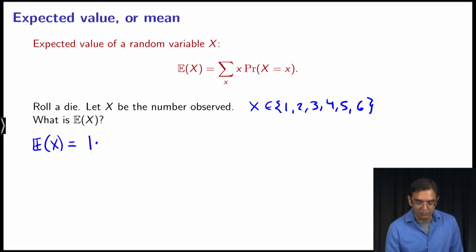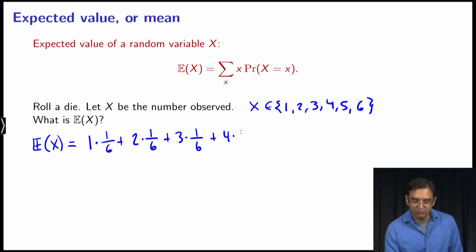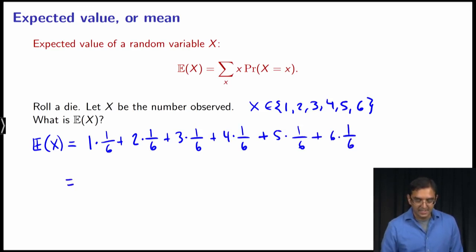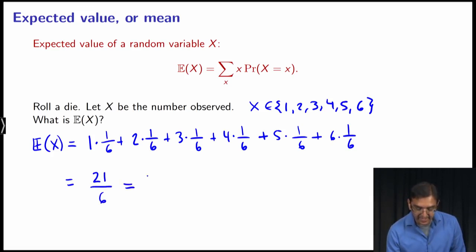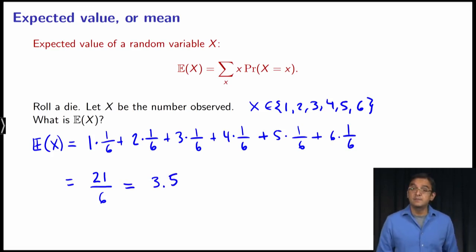So it takes on value 1 with probability 1/6, 2 with probability 1/6, 3 with probability 1/6, 4 times 1/6, 5 times 1/6, and 6 times 1/6. Okay? And so you get the sum of numbers from 1 to 6, which is 21. So 21 over 6, which is 3.5. Okay? And so that's the expected value of x.